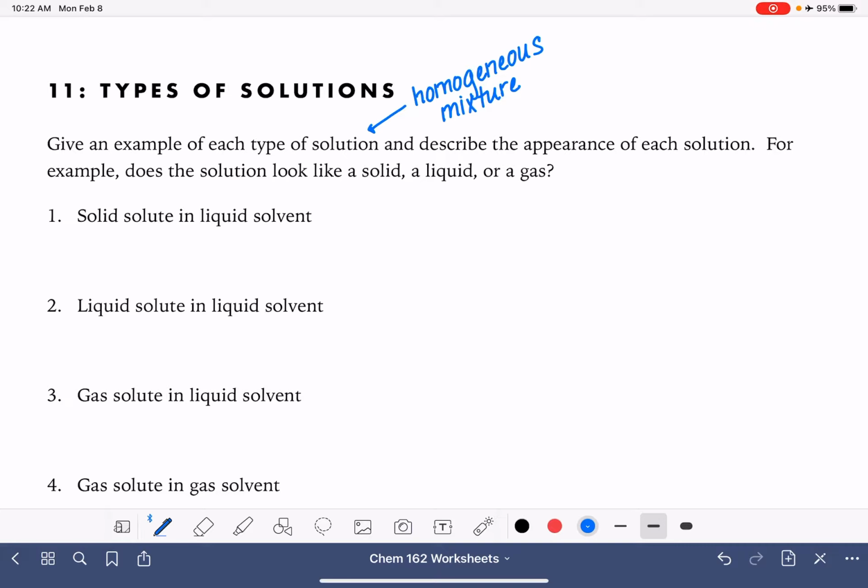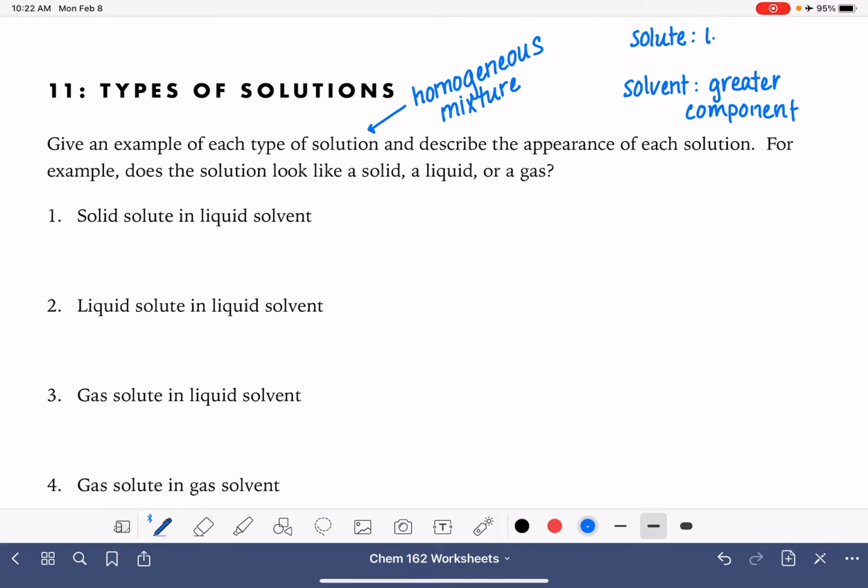The other thing that I want to define is solute and solvent, because we're going to use those two terms in this. Solute and solvent are words that we use to describe the different components of the solution based on their relative quantities. So when we have a solution, the solvent is the thing that we have the most of. So this is the greater component, the part of the solution that is present in the larger amount.